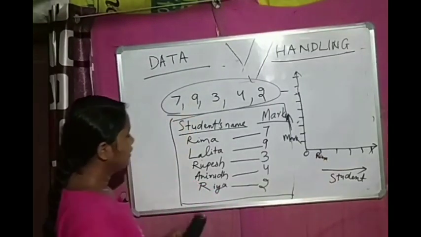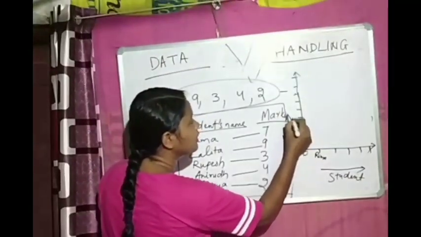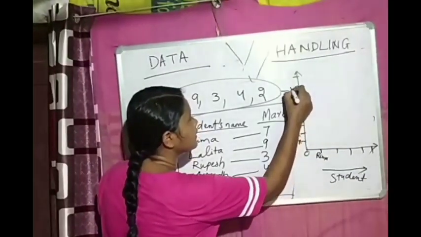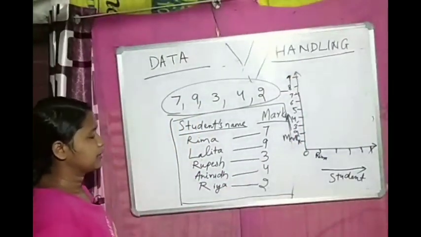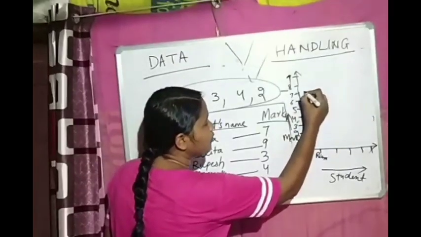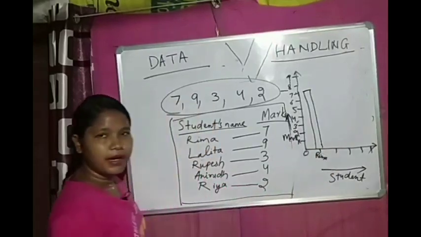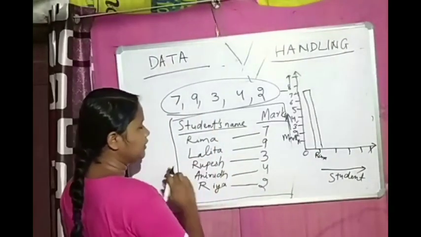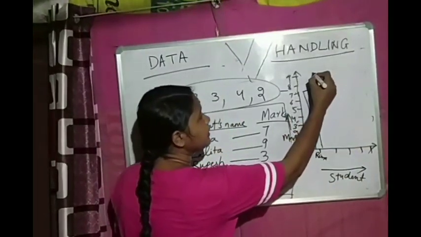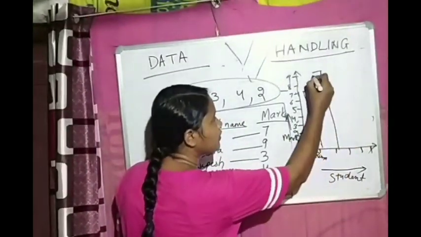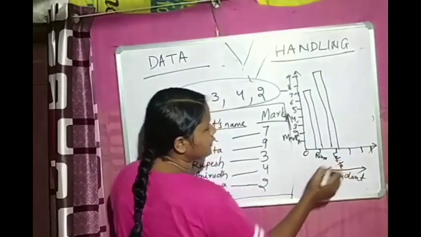The first one is Rima. How much did Rima get? 7. Counting 1, 2, 3, 4, 5, 6, 7, 8, 9, Rima has got 7 marks. So from here I can make 1 bar. Next, Lalita, how much? 9. So 9 is here. This is for Lalita.